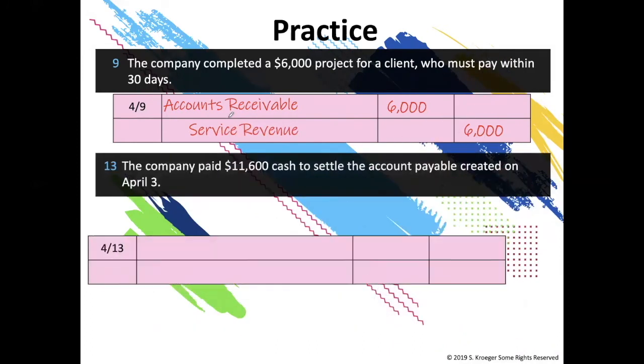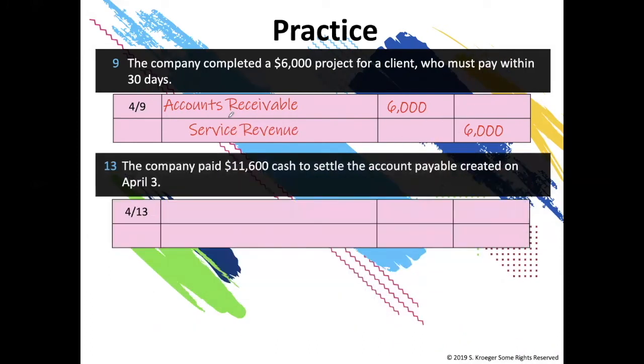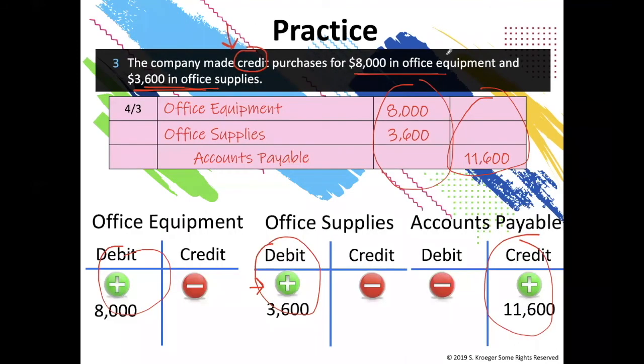Okay, on the 13th, the company paid $11,600 cash to settle the account payable created on April 3rd. So let's go back for a moment to the April 3rd entry and see what we did there. This was the April 3rd entry. Remember, we bought office equipment, office supplies, and now we owed money.